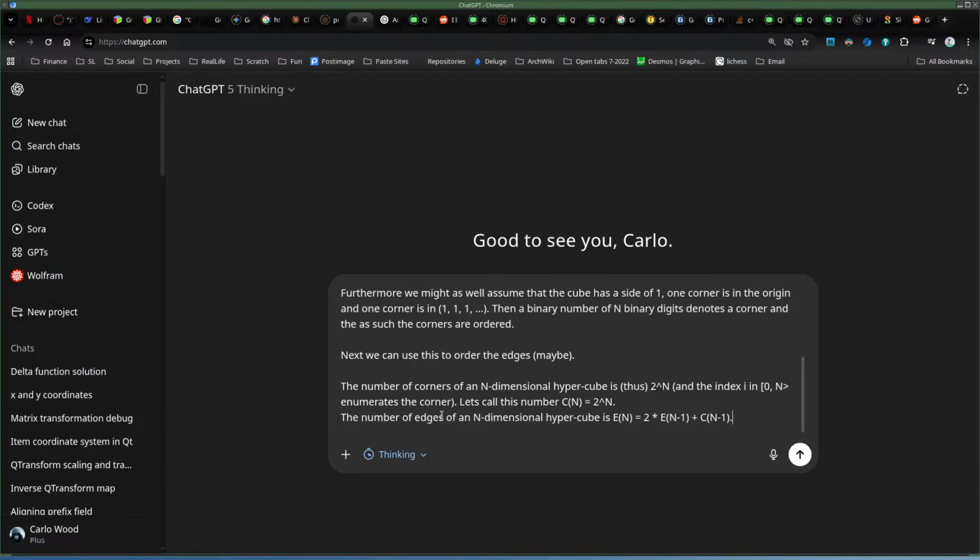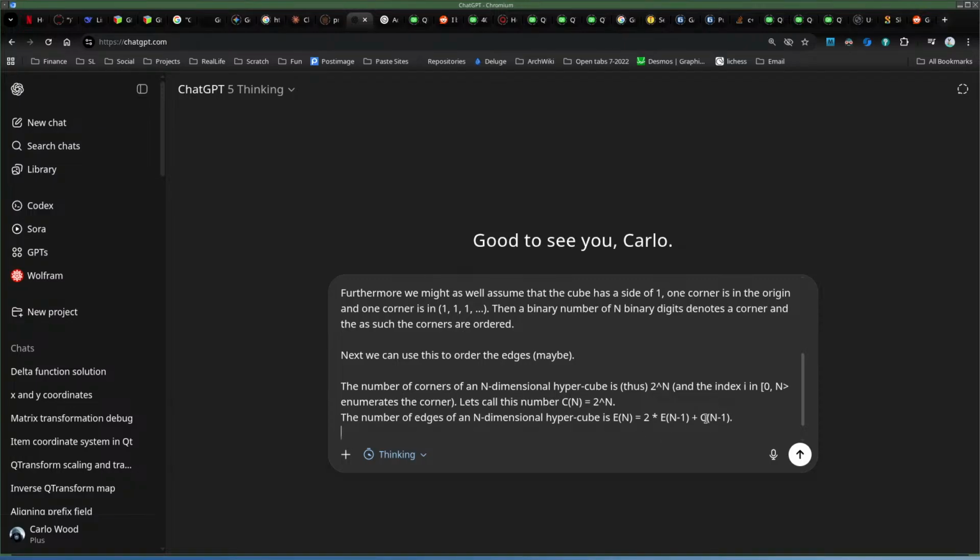I don't know if I want to explain that to the AI. I think I'll just give this formula. Yeah, I still have to define the base case, of course.